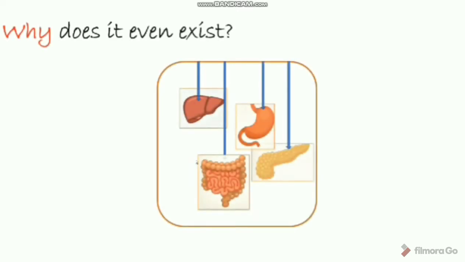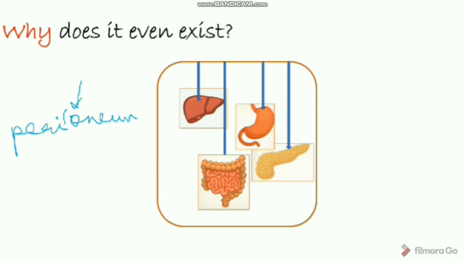Why does it exist? That's quite simple for you to understand. Because you know that your abdominal cavity is a house to a lot many viscera. So a lot many organs are sitting inside your abdominal cavity and they need support. Now the peritoneum is something which is giving you not only the support, but it's also giving you an optimal support.